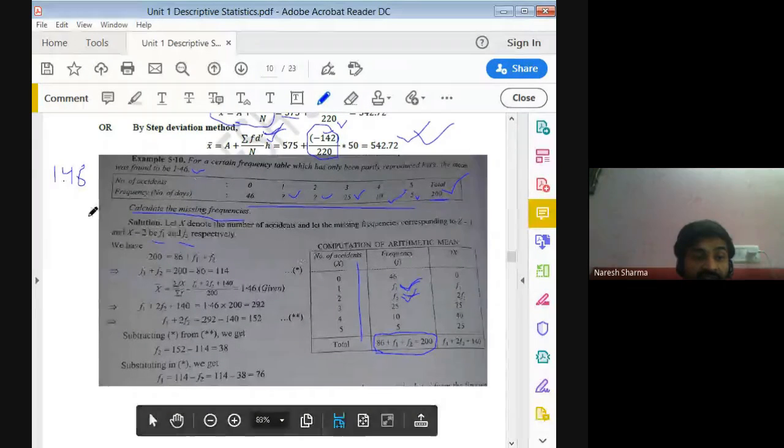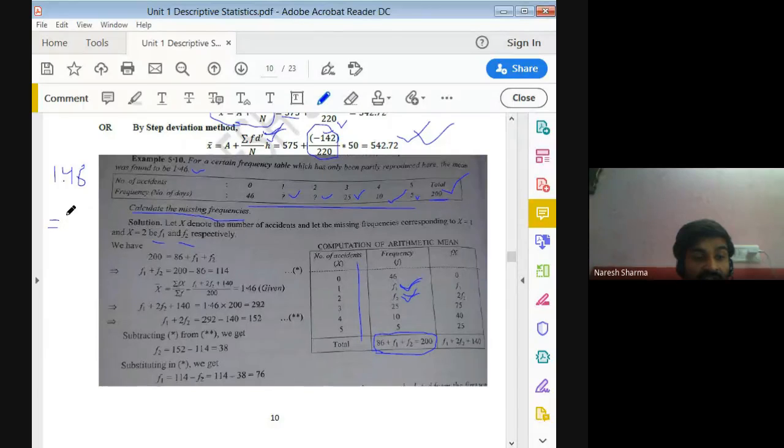Also mean is given. We know what the mean is. Mean is the frequency multiplied with x, corresponding frequency only, then the sum of these divided by total frequency. And in this example, total frequency given to us is 200. So just multiply f into x.